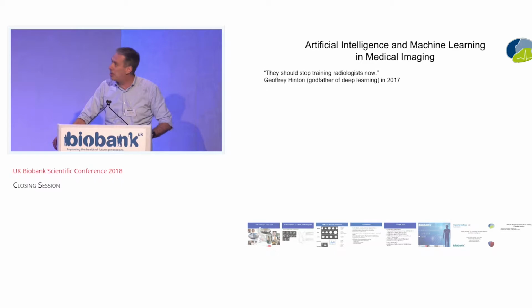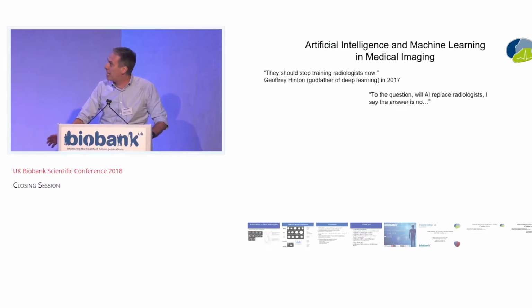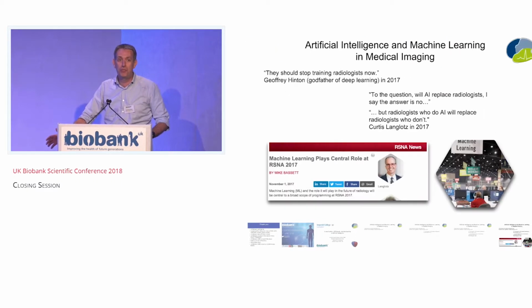A slightly better statement is from another colleague who said, will AI replace radiologists? The answer is no. But radiologists who do AI will probably replace radiologists who don't. And perhaps we can also say this about UK Biobank scientists: those who use AI will replace those who don't.